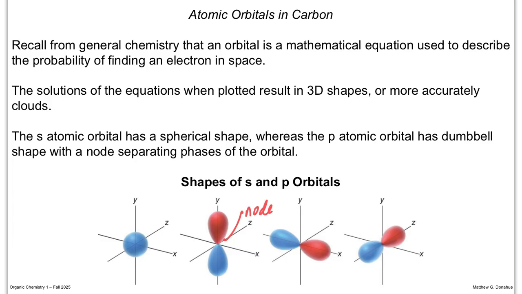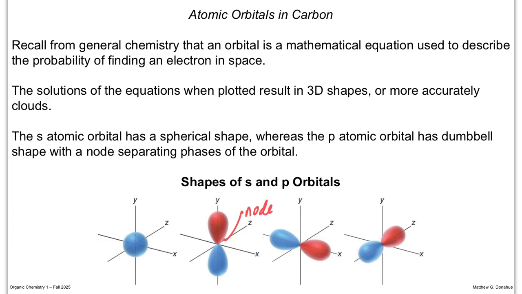That's all stuff from Gen Chem, where you learned how atomic orbitals are filled with electrons and why they have these shapes, the number of nodes, that kind of thing. We're really just concerned with period 2 with carbon, so the 2s orbital, and then there are three p orbitals in period 2.